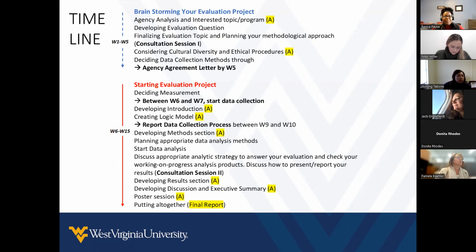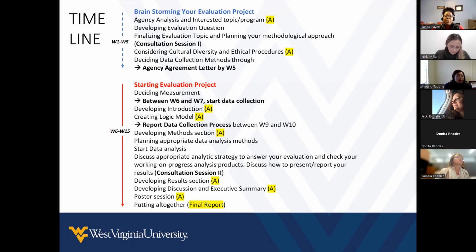And so we developed this timeline, right, to really break down what the semester looks like when we're talking about developing the project and working with the different moving parts. To better break this down for folks, I know there's a lot going on in this slide, the first part of the timeline of the project is the brainstorming process. And again, I mentioned this already, you're collaborating with your agency, talking to your field site supervisor and getting a feel for topics or programs that you're interested in maybe evaluating.